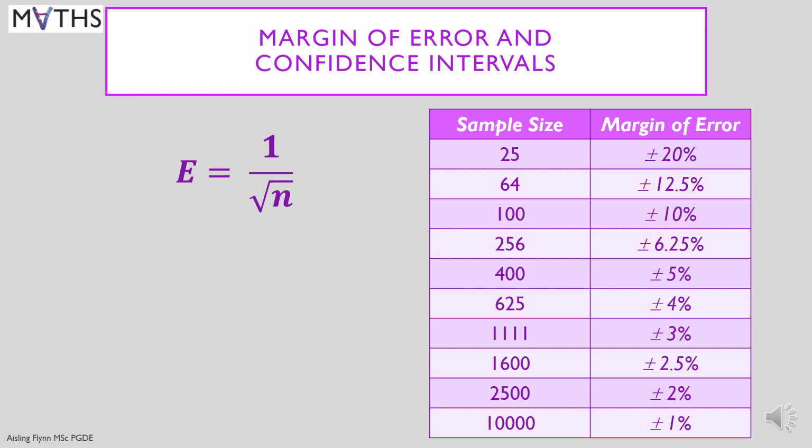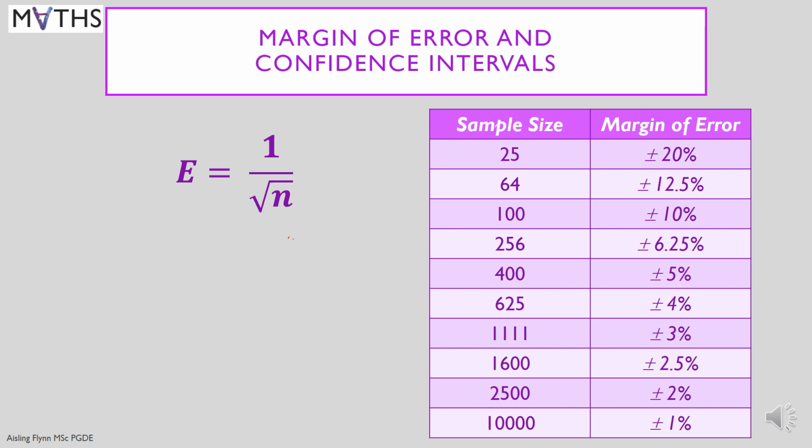As the sample size increases, 100 gives you plus or minus 10% of an error. And if you go right up to 10,000, you have plus or minus 1%.